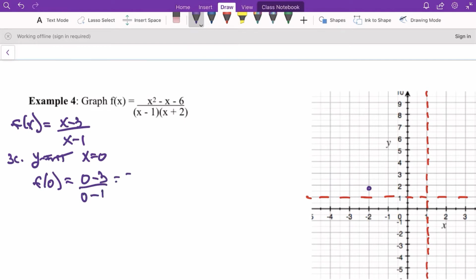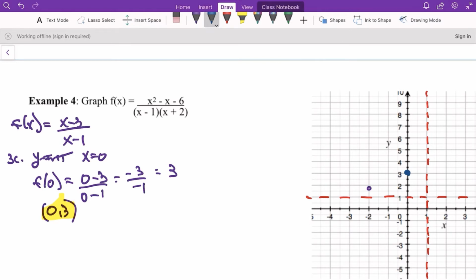This is going to give us negative 3 over negative 1, so that would give us a 3. So my y-intercept would be at 0, 3. All right, so there's my y-intercept, and I'm going to put that on the graph. We'll sketch that. So 0, 3 is going to be right here.